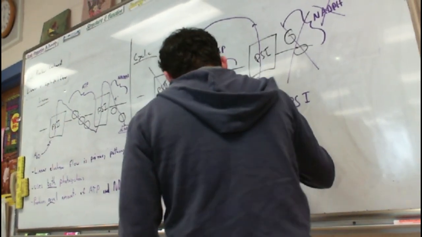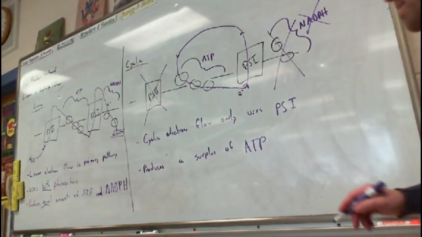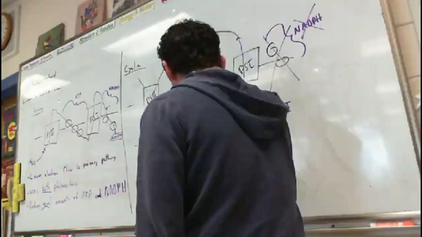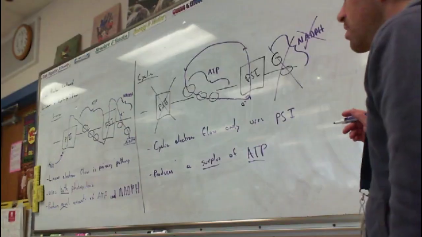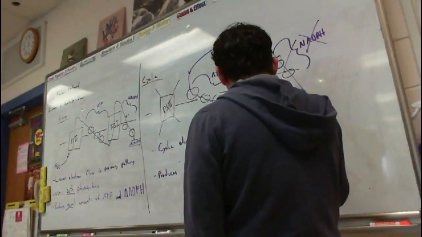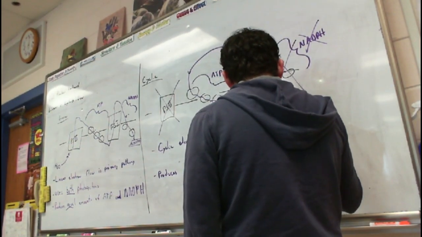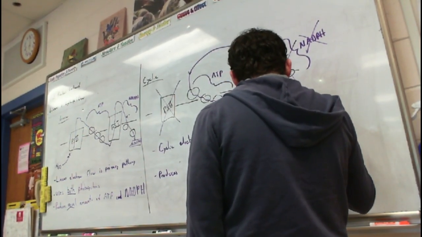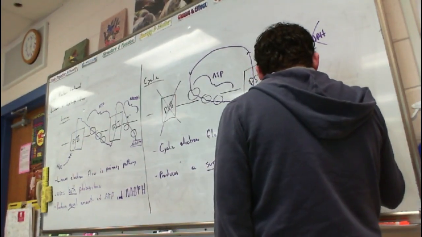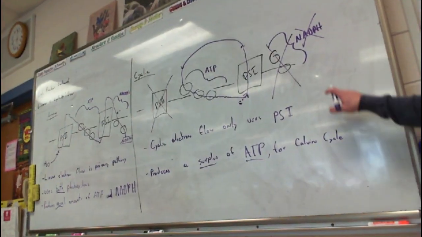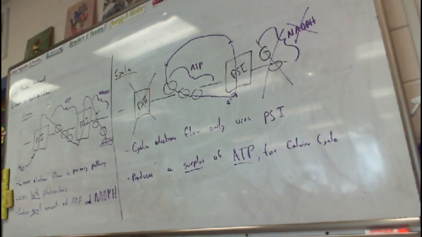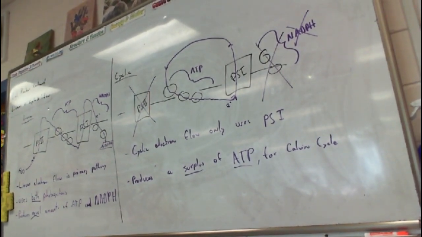So it's producing extra ATP. That's its goal, is to produce a surplus of ATP. Why is that? It's for the Calvin cycle. The Calvin cycle, aka the light independent reactions, needs more ATP than it does NADPH, so it gets the extra it needs that way.